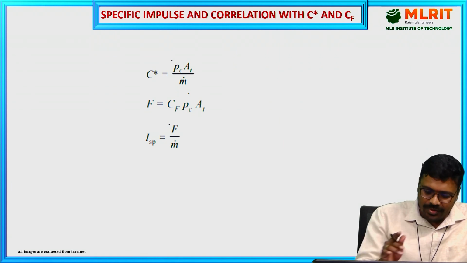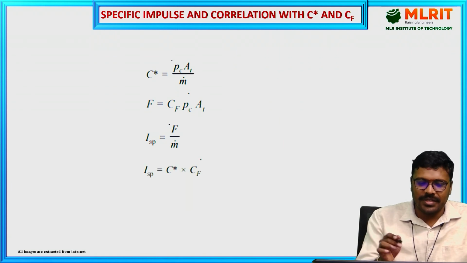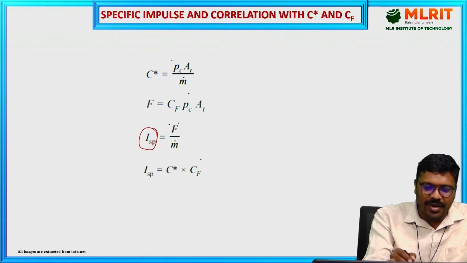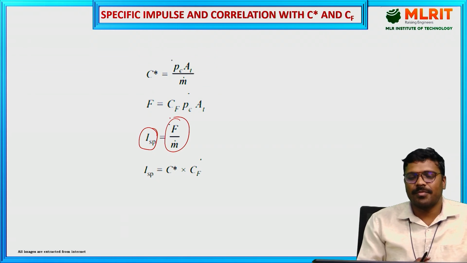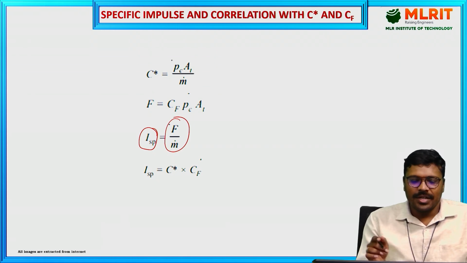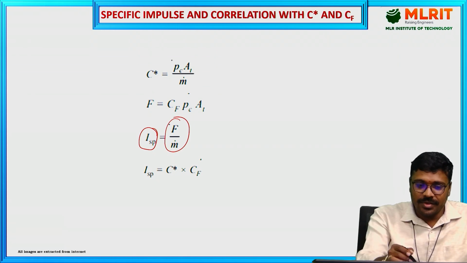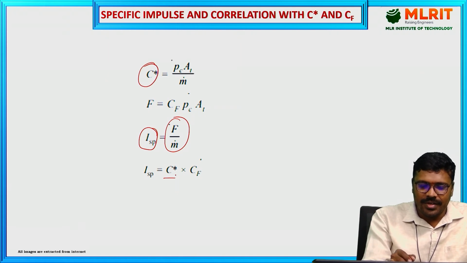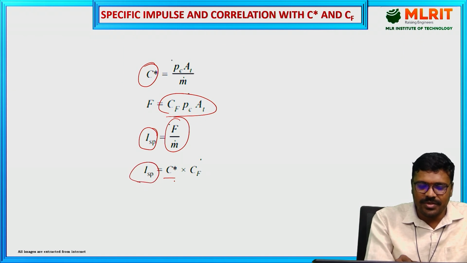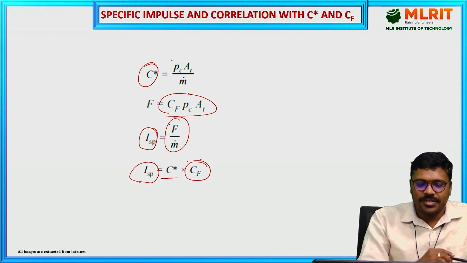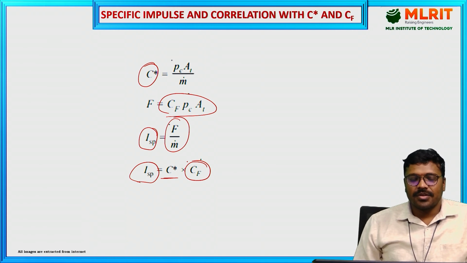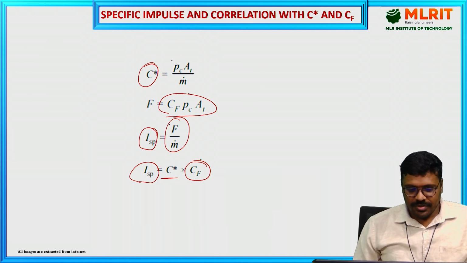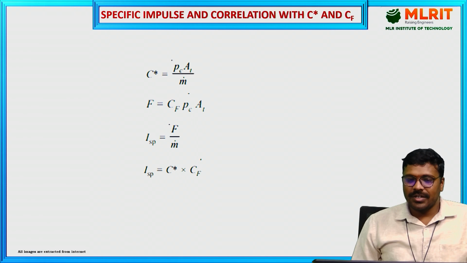The general formula for specific impulse is F by m dot, the thrust developed per mass rate of propellant supplied. Substituting F equal to CF PC AT, you get specific impulse Isp equal to C star into CF, C star into the thrust coefficient.